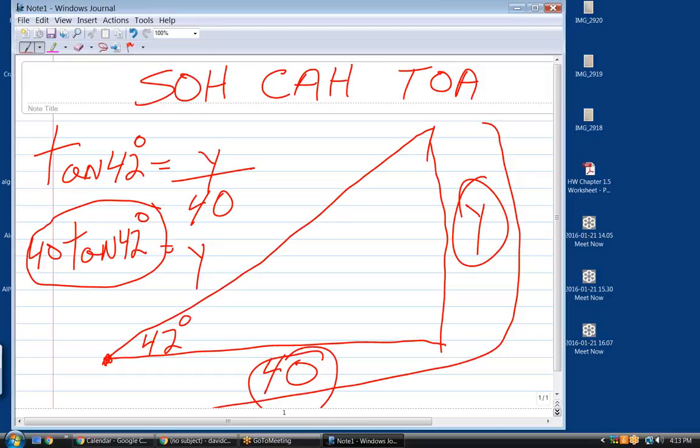So you have to go to mode and check. Because if you type in 40 times tan of 42 and you're in radians, it's going to treat the 42 as radians and give you a completely different answer. So you have to know whether you're in degrees or radians in order to do these on your calculator.